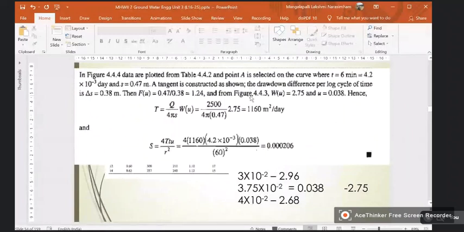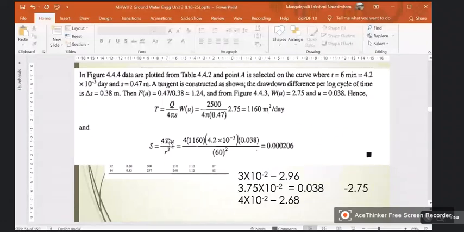So 2.3 into this will give you 2.75. So this is WU. Now substitute WU, Q, S. You get T. And use this value of T in this equation for capital T, small t.